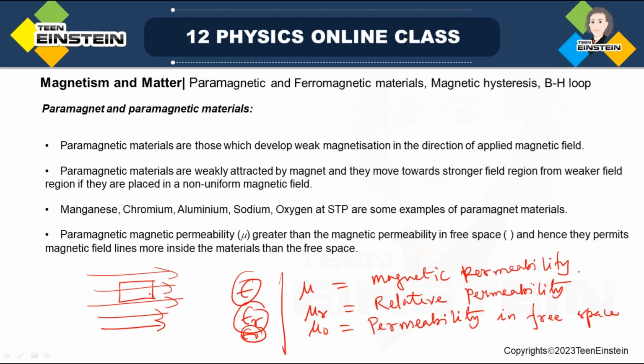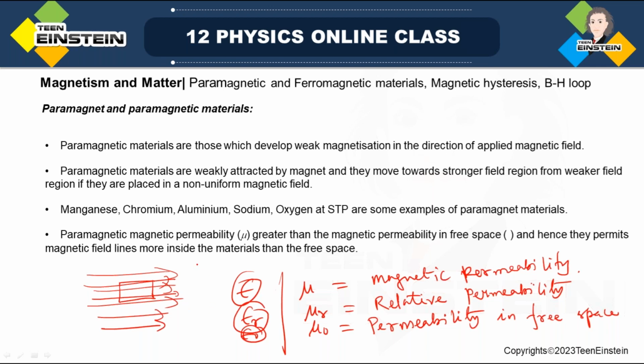If it allows only one through, then it has weak permeability. It doesn't have much permeability. If it allows more than one, or much more, magnetic field lines to pass through it, then it has good permeability. That means it is giving permission to the external field lines to pass through it and influence itself. So this is permeability.